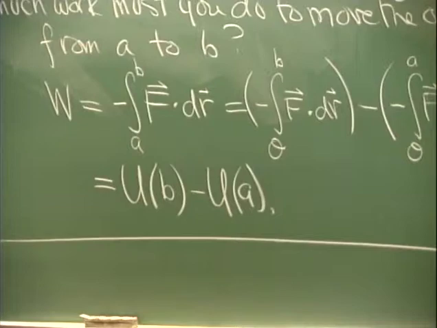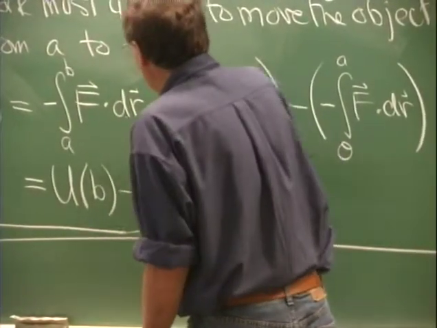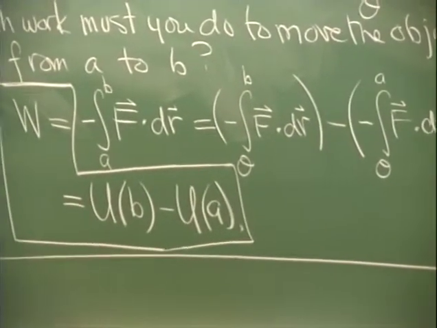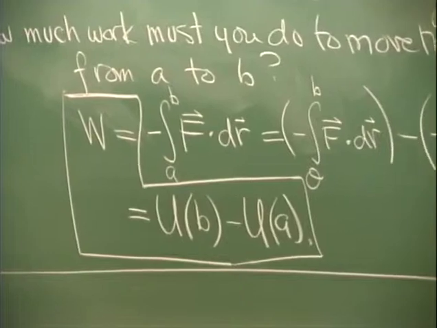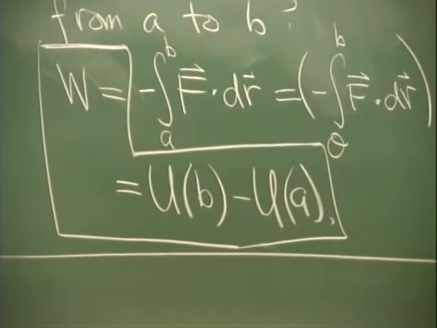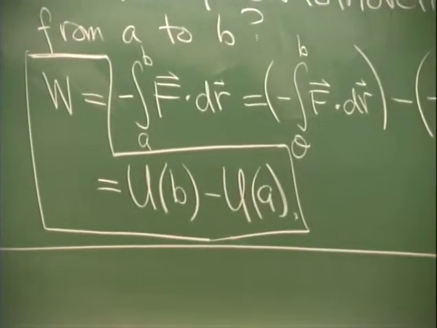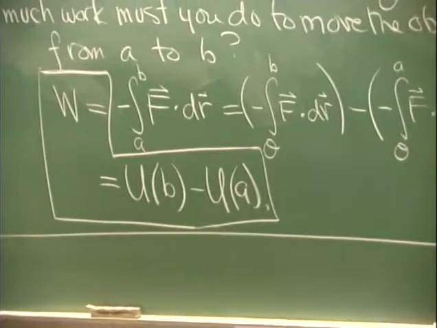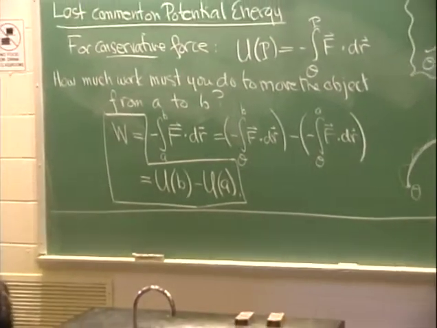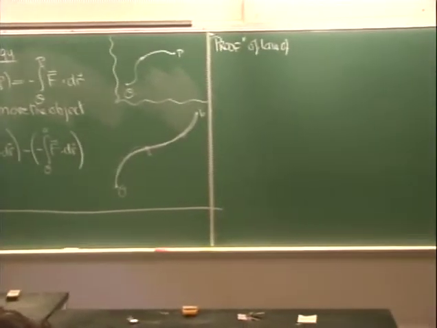Okay, so I just wanted to show you that the work done in moving an object from point A to point B can be written as the difference in the potential energy at the end point minus at the beginning point. Now, what is all this structure for? I come finally to the proof, I'll put that in quotation marks for reasons you'll see in a moment, of the law of conservation of energy. We've used the law of conservation of energy in a bunch of problems, but if you look back logically, I never did prove it.